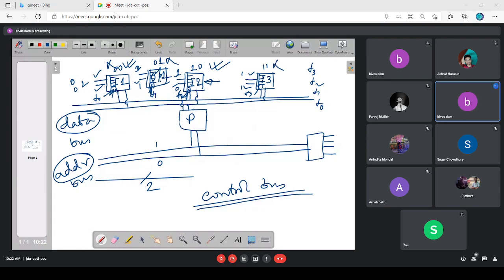If the address bus is 16 bits wide, how many decoder outputs will there be? 2 to the power 16, that means 64k, about 65,000. That many wires I would have to connect, so that is too difficult. So it is always preferred that we take help of the internal decoding facilities of the IO devices.